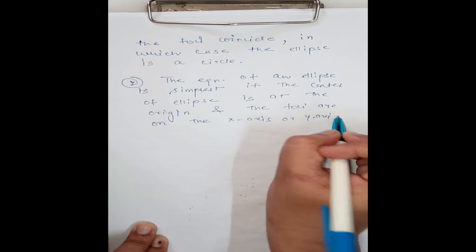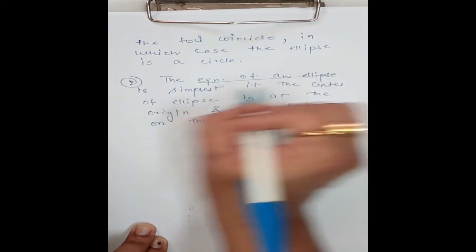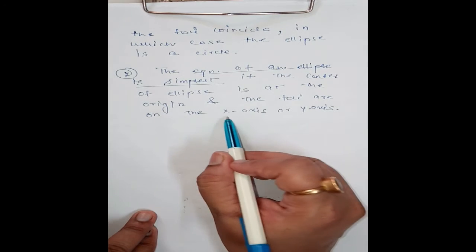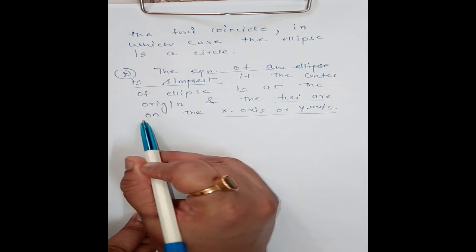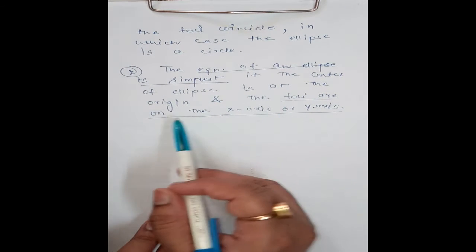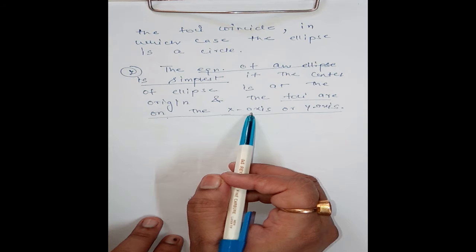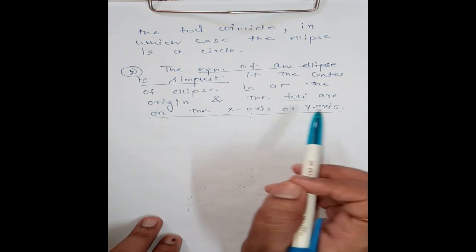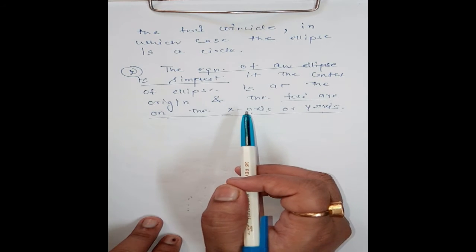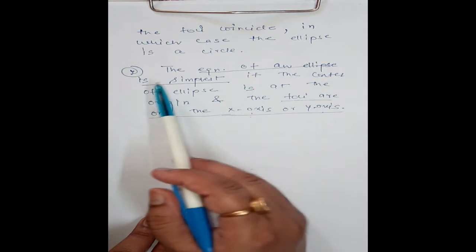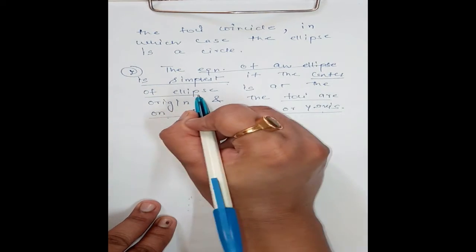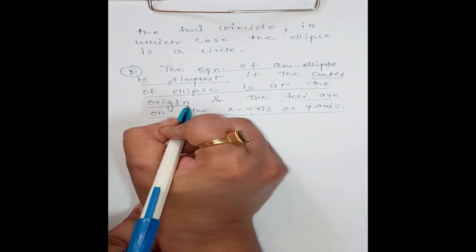In these cases, the equation of the ellipse will be simplest. Foci are on the x-axis or y-axis, that is, the major axis is the x-axis or the y-axis, since the foci are points on the major axis. In these two cases, the equation of the ellipse is simplest. And second, the center of the ellipse is at the origin.